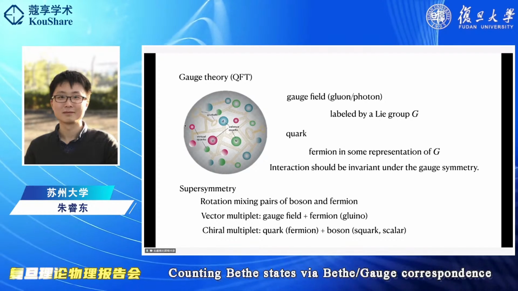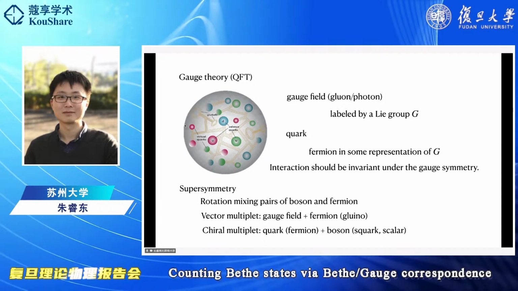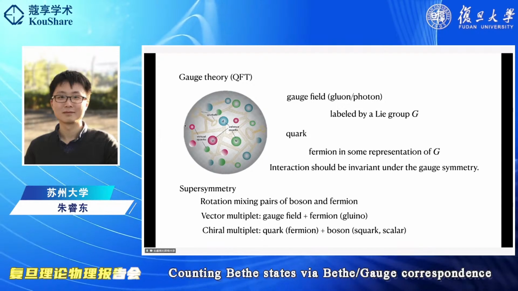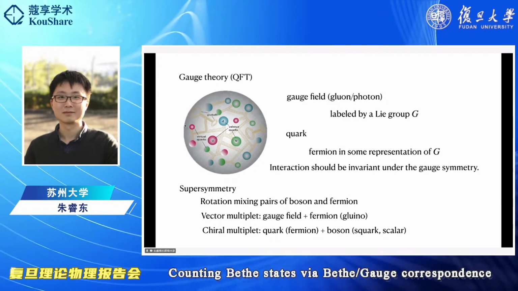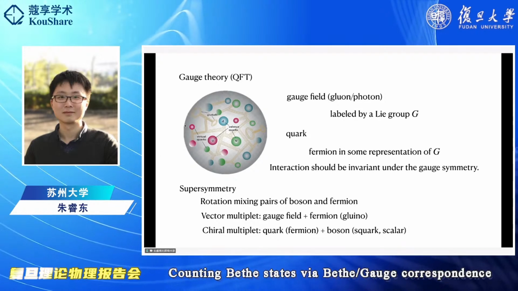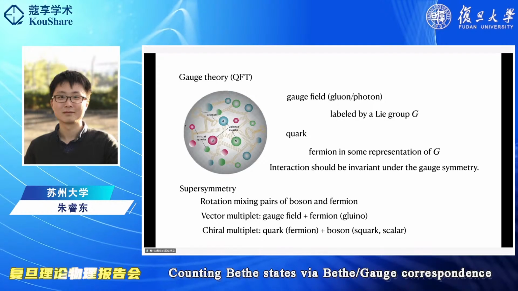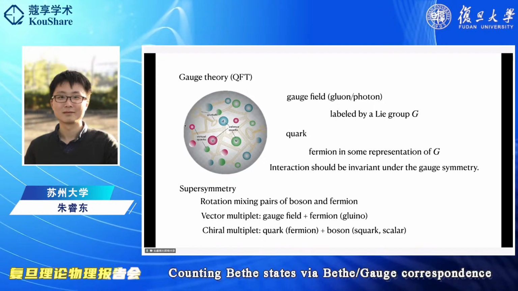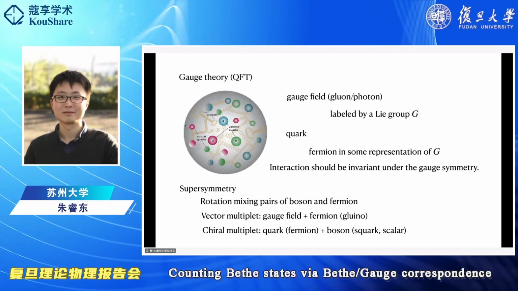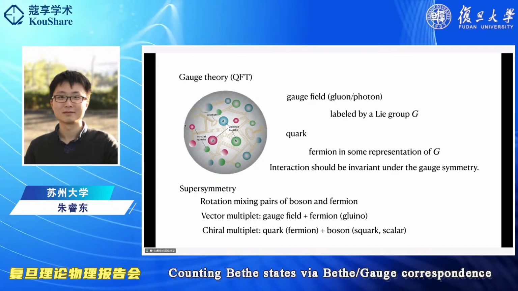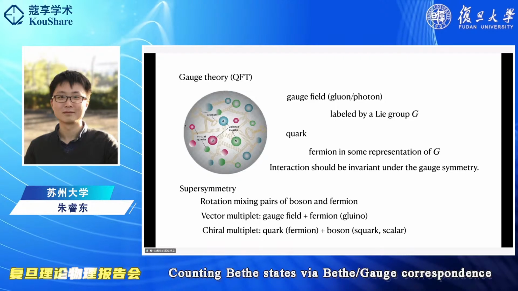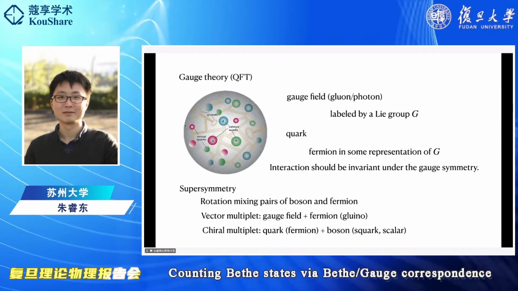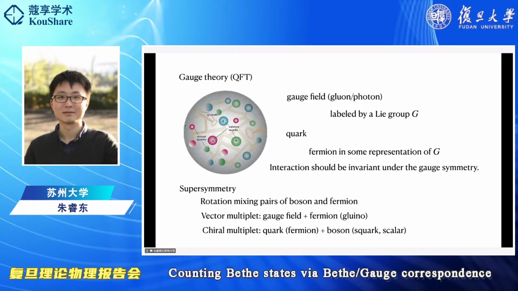Then we also consider some fermions in some representation of this gauge group G, like quarks in real life. And we consider interactions between these quarks and the gauge fields in a way that is invariant under the gauge symmetry. That is, roughly speaking, the idea of gauge theory.